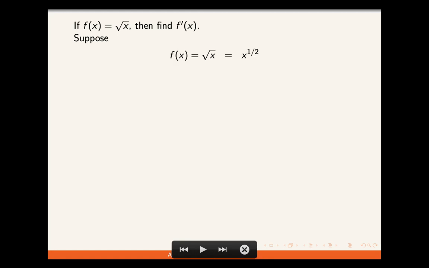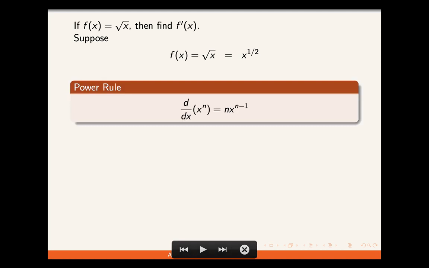Since f of x is given as the square root of x, we can change the square root of x into exponent form as x to the power 1/2. When we write it in that form, we can clearly use the power rule. We bring the power down, so 1/2 comes down, write down the x as it is, and subtract 1 from the power.